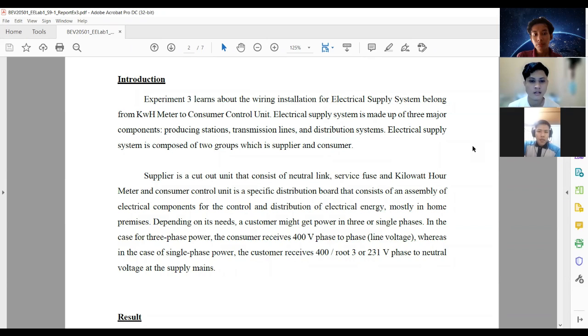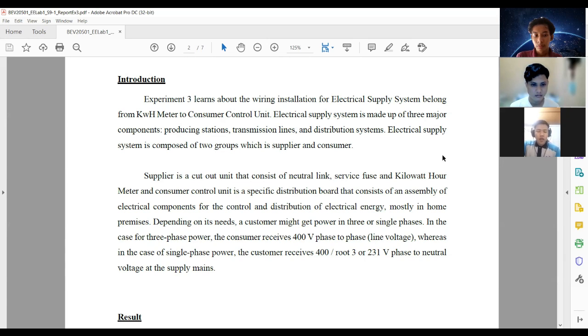Electrical supply system is composed of 2 groups, which are supplier and consumer. The supplier is a cut-off unit that consists of neutral link, service fuse, and kilowatt hour meter. And consumer control unit is a specific distribution board that consists of an assembly of electrical components for the control and distribution of electrical energy.